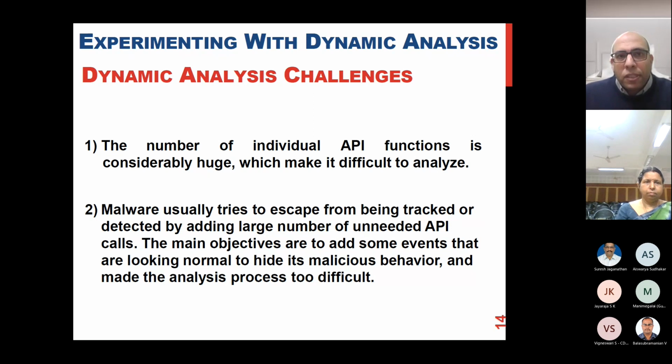One of the most important features in dynamic analysis is the API call, which is the interaction between the process and the operating system. Actually, the operating system is responsible for running your process through calling some functions which are indexed in the dynamic library, the DLL files.